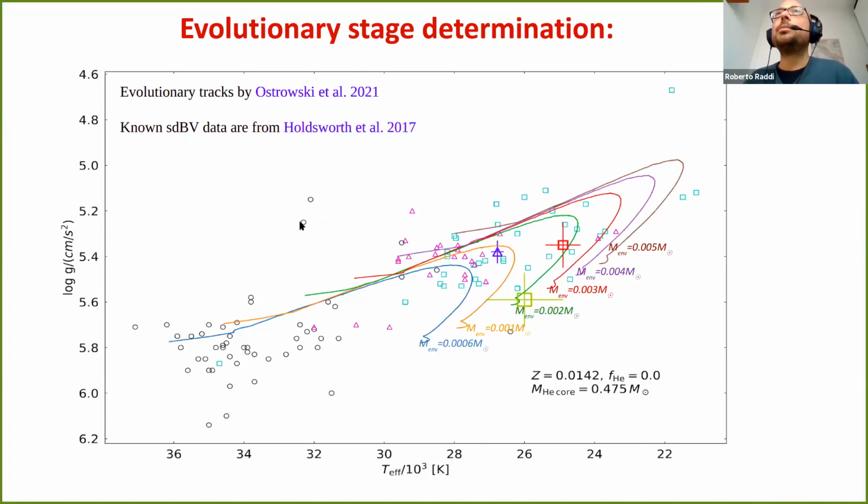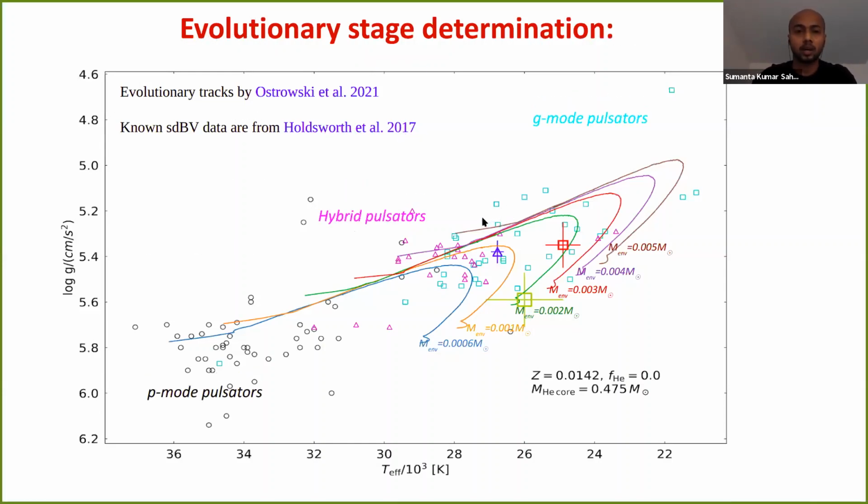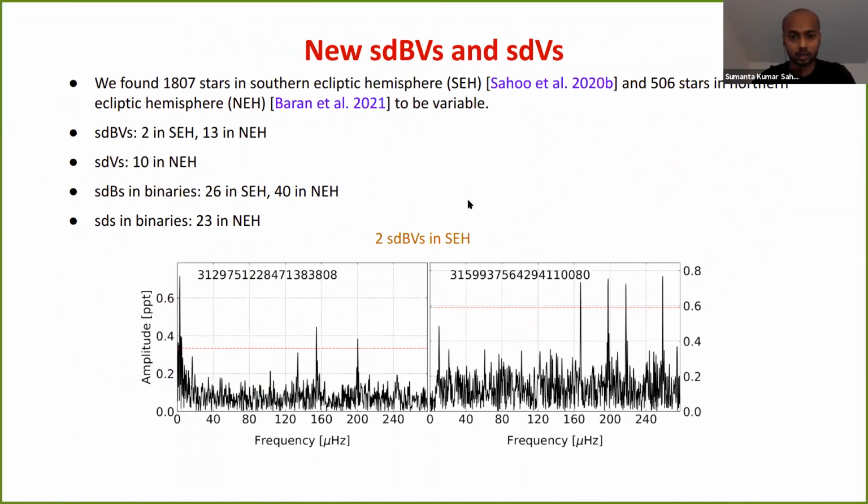There is a question from Frederick Hessman asking whether there are any binary SDBs. Yes, there are a few binary SDBs, and we also found a few SWVer and candidate SWVer systems.